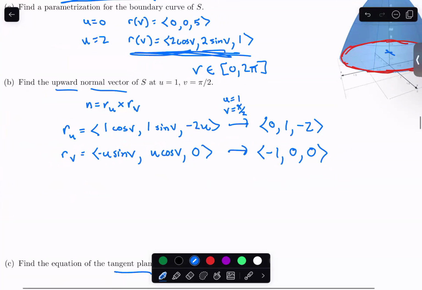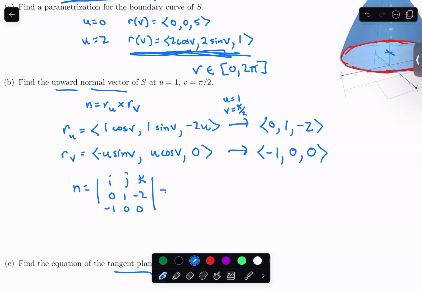Now this, I think it's easier to take the cross product of. I's, j's, k's, 0, 1, negative 2, negative 1, 0, 0. Stuff with i's minus stuff with j's plus stuff with k's. Crossing out our first row, first column, looks like we got 0 minus 0. It's pretty nice.